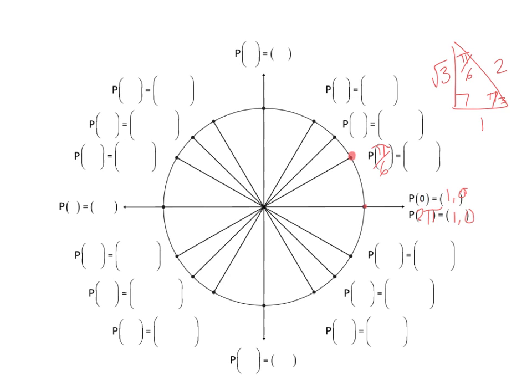So I can draw this triangle actually here, where this angle in here is pi over 6. We know that this hypotenuse is not actually equal to 2, but it's the same ratios as that triangle has.